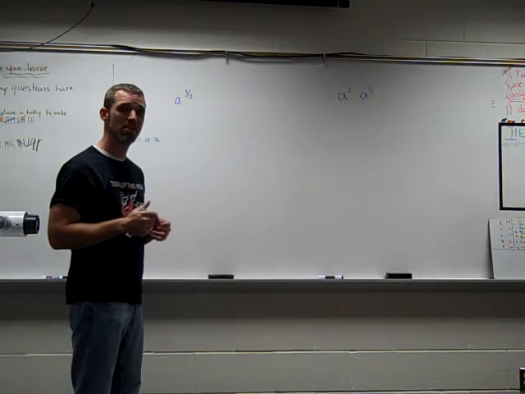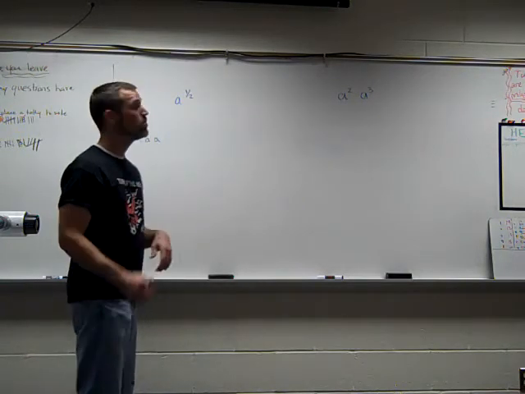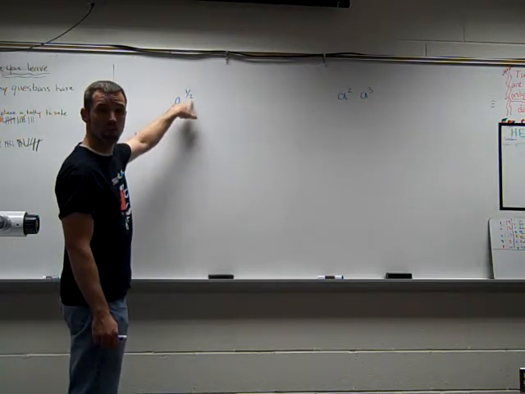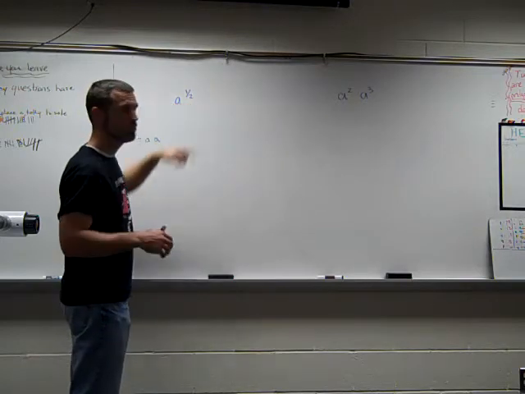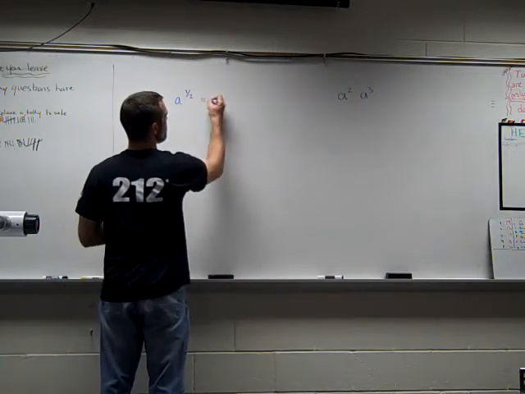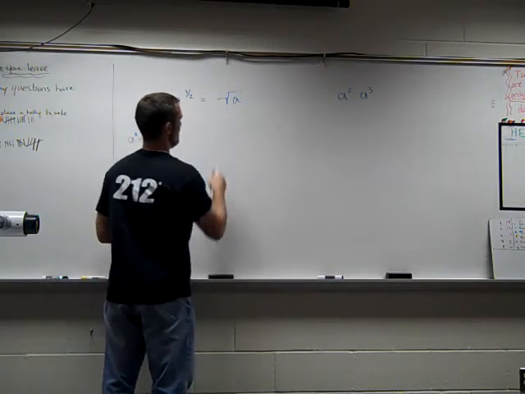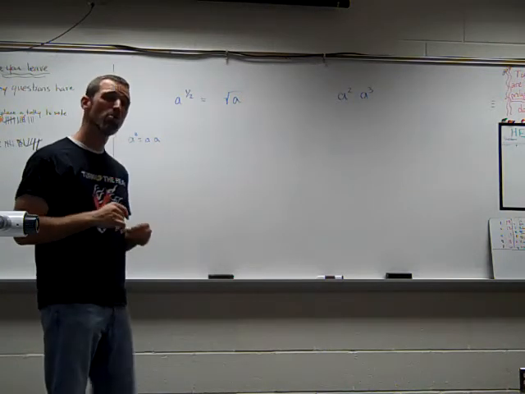So this is really saying a to the 1st power, and then we take the square root of it, because that's the 2, square root base 2. So a to the 1/2 power is really the square root of a.